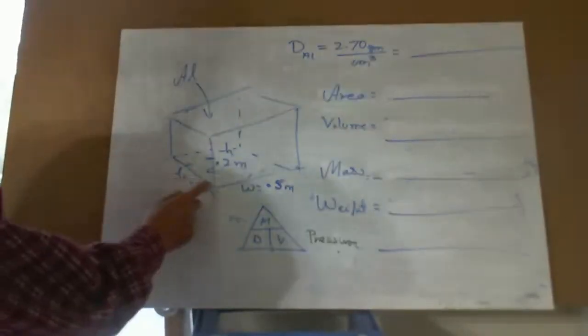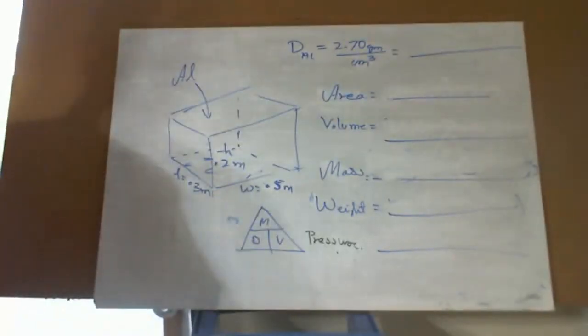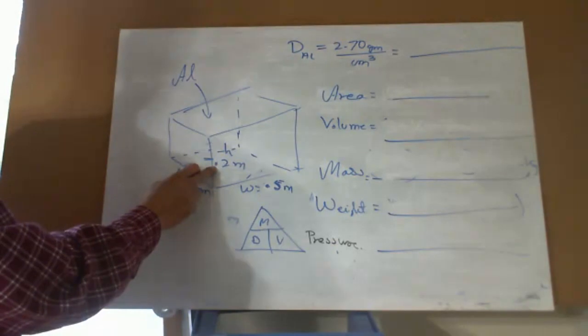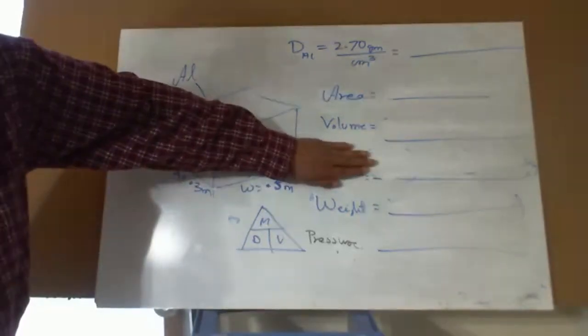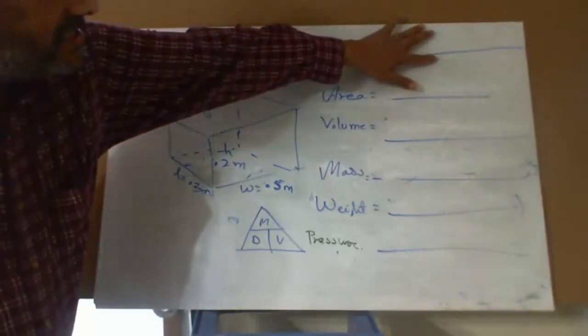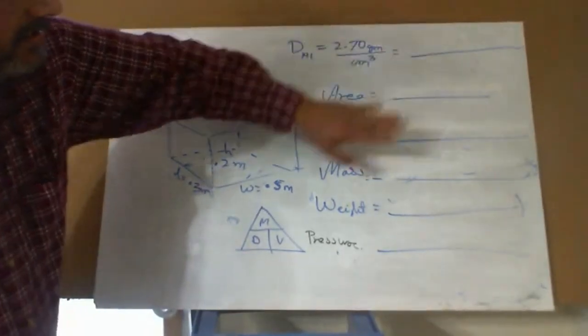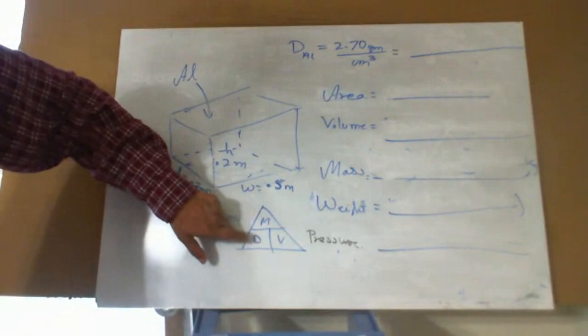Is area length times width? Yes, area is length times the width. And then volume would be length times width times the height, all three together, right? Which is 0.2. And to find the mass, once you have converted this into kilograms per cubic meter, you're going to multiply it.